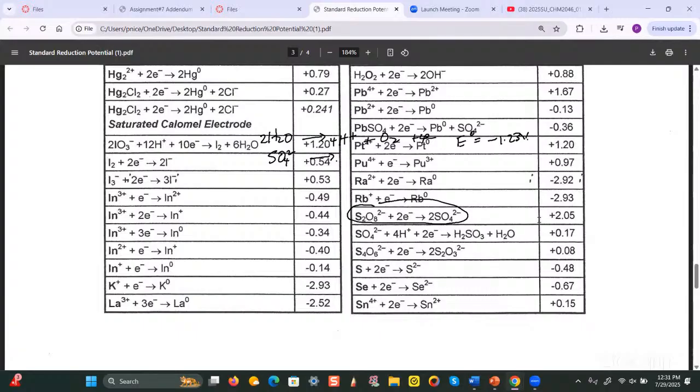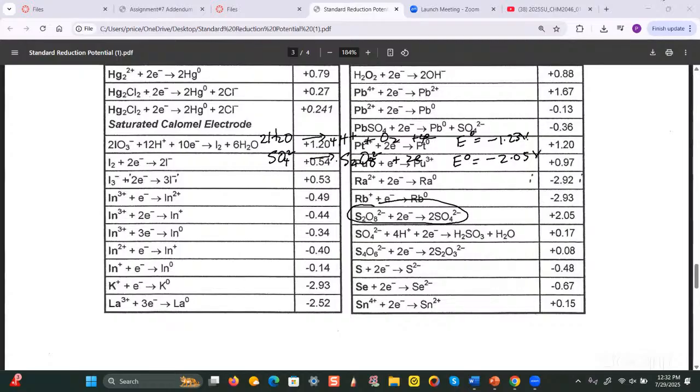So what I'm going to do here is write down for the oxidation of the sulfate ion, the formation of S2O8 2 minus, plus 2 electrons. And the EMF of that would be equal to minus 2.05 volts, right?